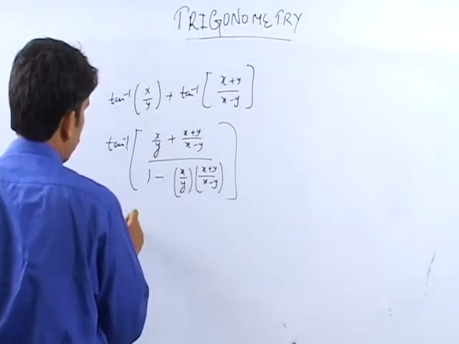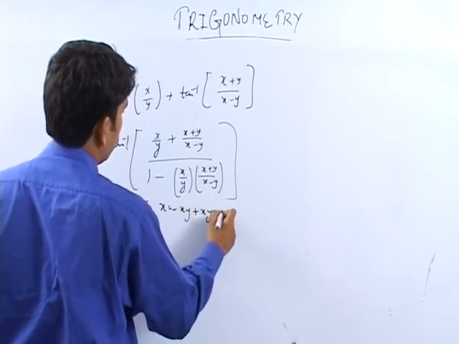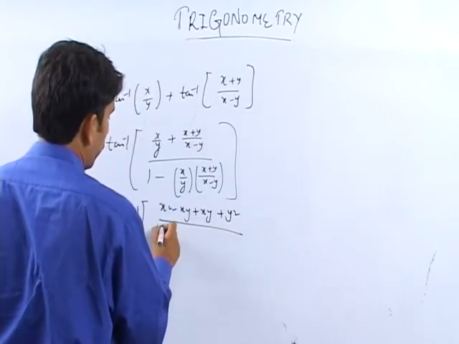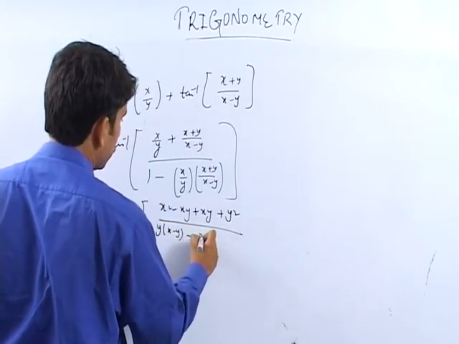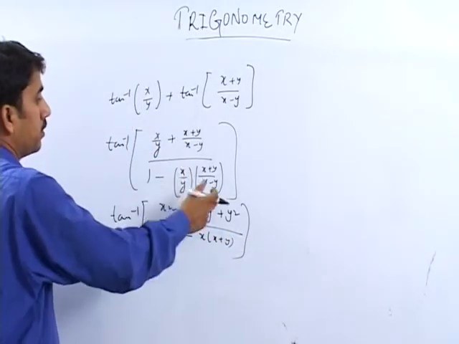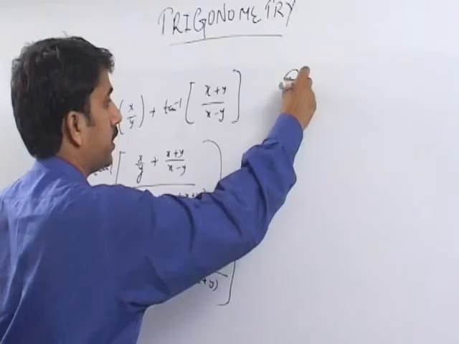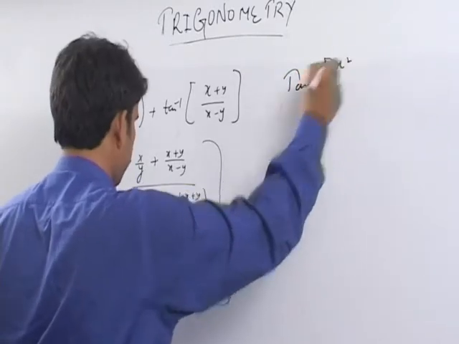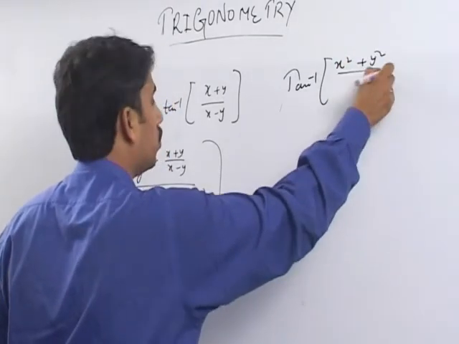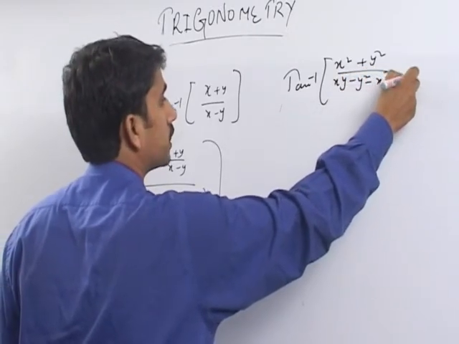So now when you solve this, this will be x square minus xy plus xy plus y square over y into x minus y minus x into x plus y. And these LCM will be cancelled out with each other. So now this will be equal to tan inverse of x square, this xy will be cancelled out, and this will be x square plus y square over xy minus y square minus x square minus xy.